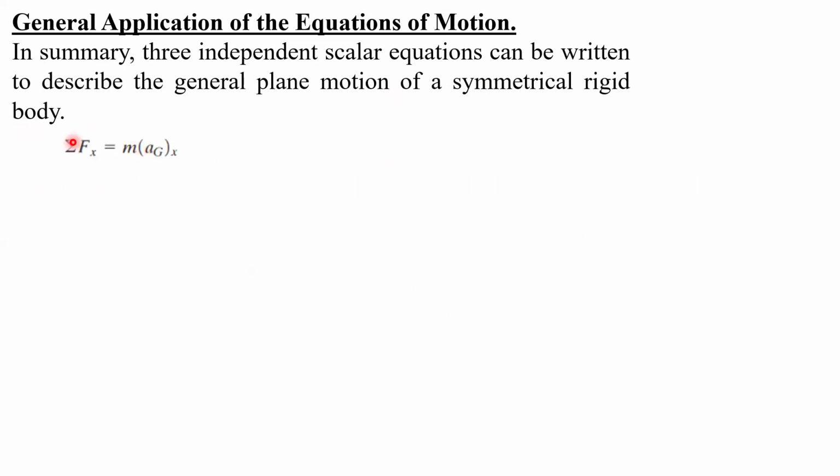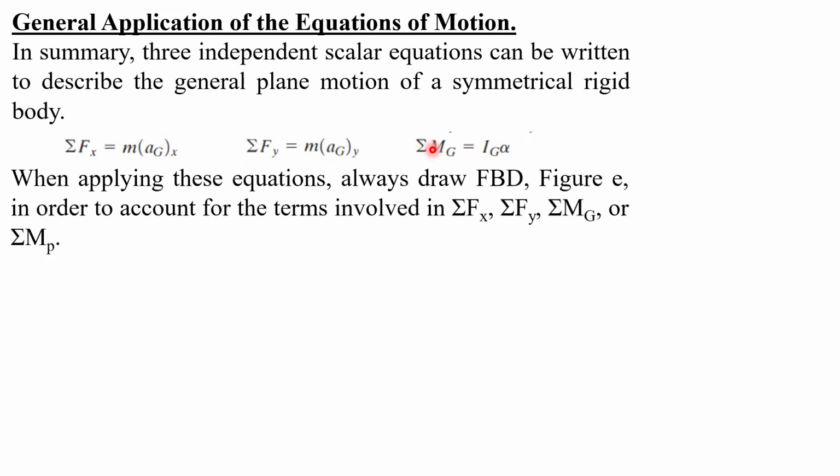That is, summation Fx equals m(aG)x, summation Fy equals m(aG)y, then summation MG equals IG alpha. The first two are for translational motion, while this one is for rotational motion. So if there's no rotation, this will drop off.